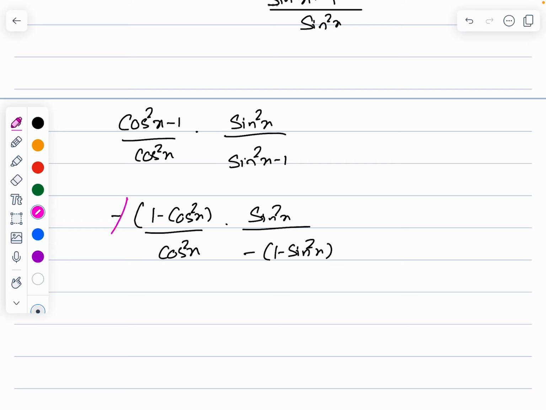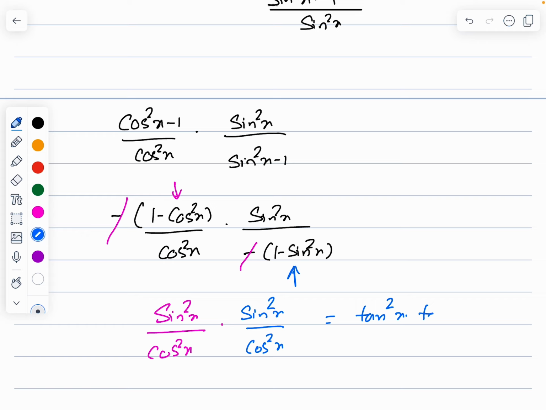Now minus minus cancels. 1 minus cos square x is sin square x divided by cos square x, times 1 minus sin square x is cos square x. Sin square x divided by cos square x, so which is tan square x times tan square x, which is going to be tan power 4x.